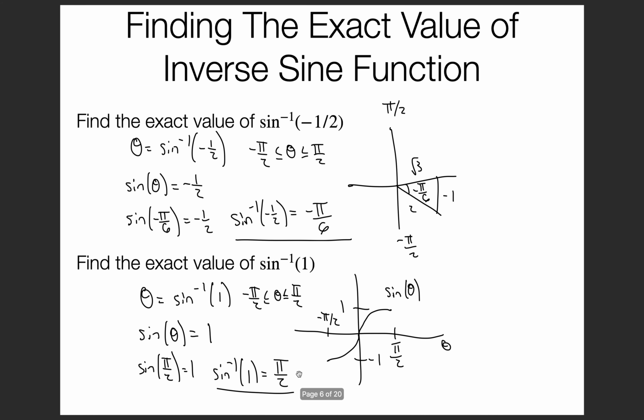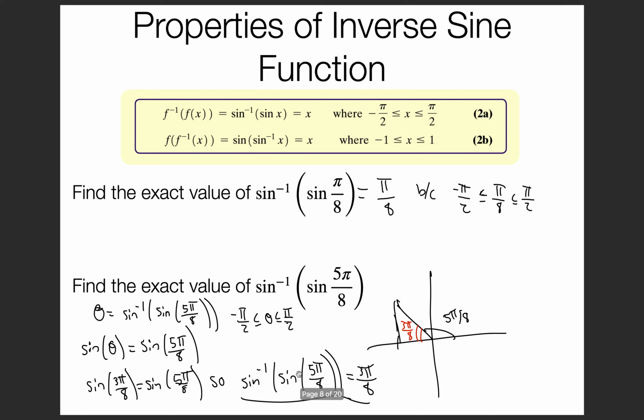If we go back and see the second step in both sides, we somehow got from theta equals sine inverse of negative a half to sine of theta equals negative a half. I think you've probably seen this somewhere in the long distant memory of yours. So we have these properties.